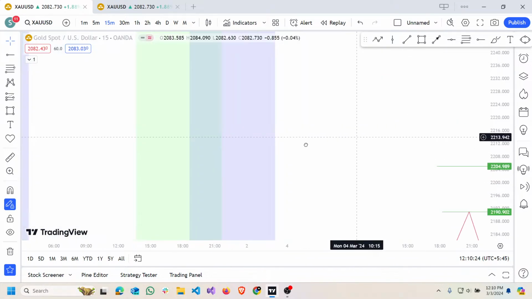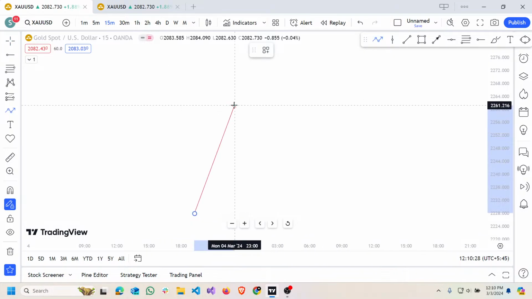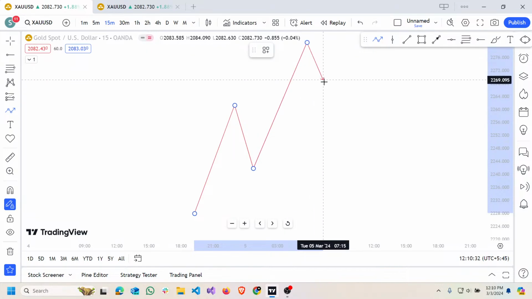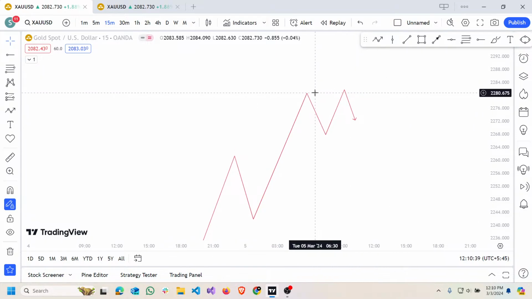So, recently I also saw this one setup. That was like this, like this, like this. Okay, so it was an uptrend basically, and the 4 hour candle created a range. It created a top wick.